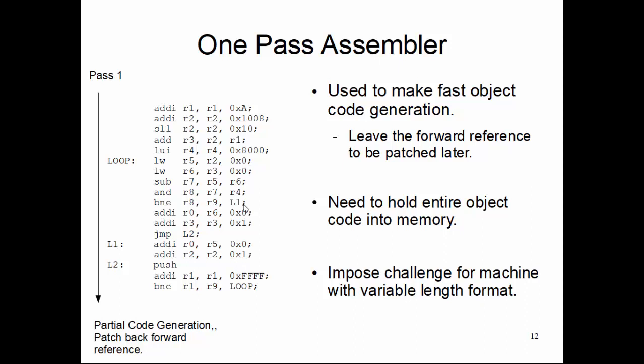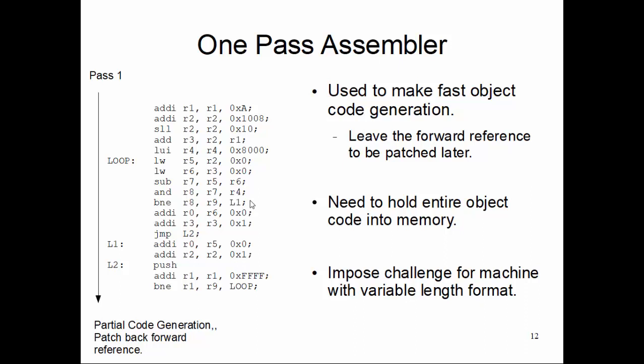That's the problem, and that problem is solved by your two pass assembler. In the first pass, we gather all the labels and determine their address values, and in the second pass, at this point BNE R8 R9 L1, I can refer to the symbol table generated in pass one, take the address, and generate the machine code for this specific statement.